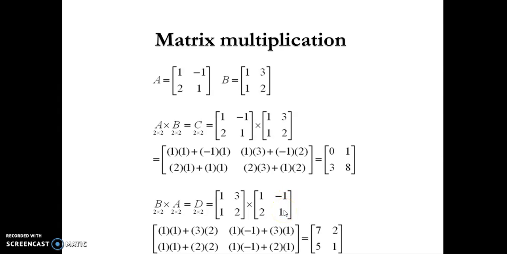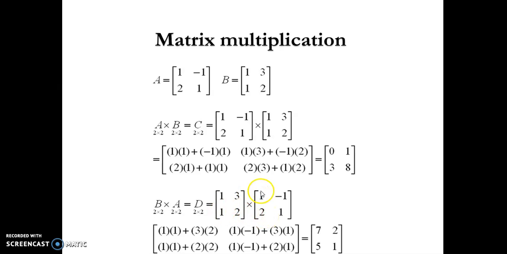So let's just quickly do that one. I would say 1 times minus 1, which is that portion over there, plus 3 times 1. And that is going to give me minus 1 plus 3, which gives me 2. And if we look at this final row in this matrix D, this element of 5 is in my second row but first column. But how did I get that? In order to get that, I took my second row by my first column.